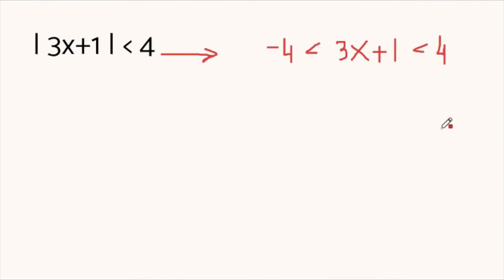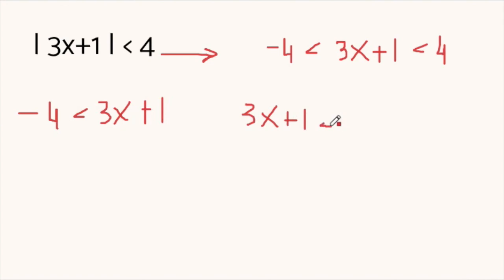And in order to solve that, you can do two different things. You can either separate that into two inequalities, one like this and the other like this, and solve both separately, or solve both of them together.